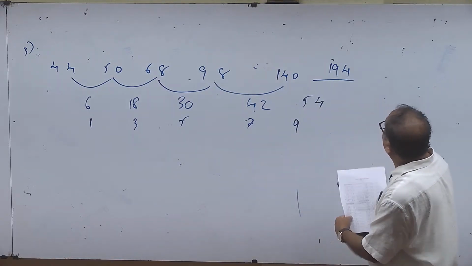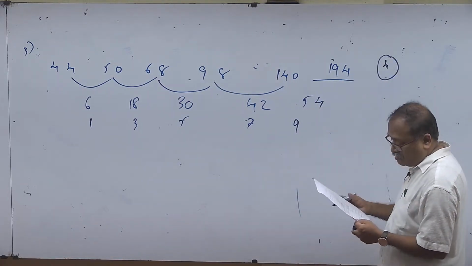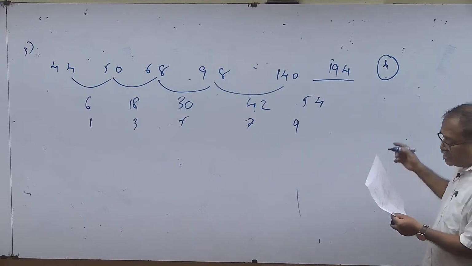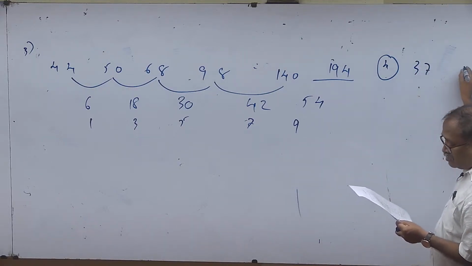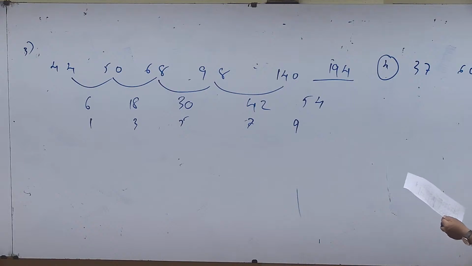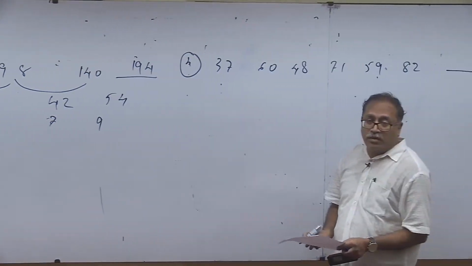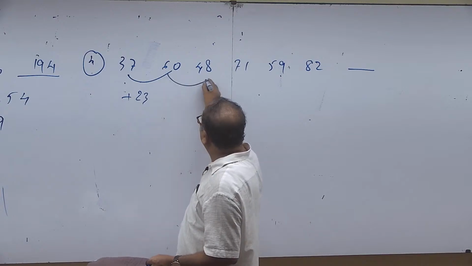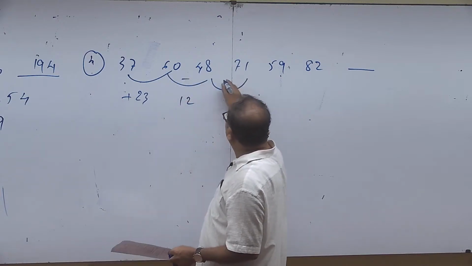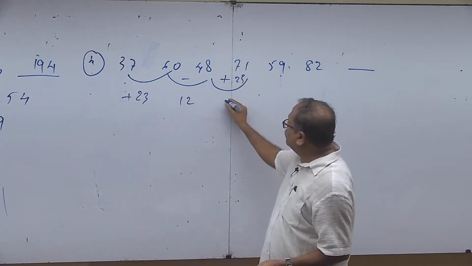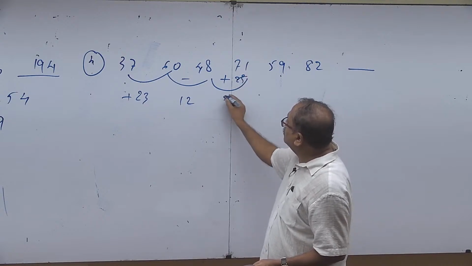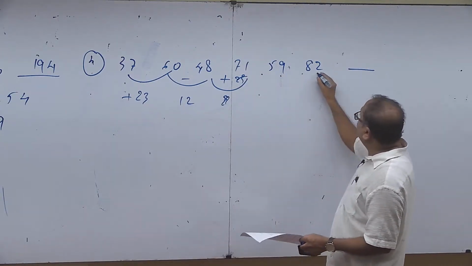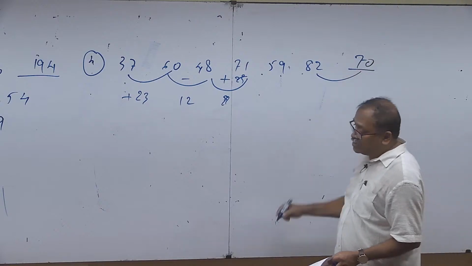Now question 4. 37 and what's next? Plus 23 minus 12, same plus 23, okay, plus 23 minus 12 plus 23 minus 12, it's a 70.